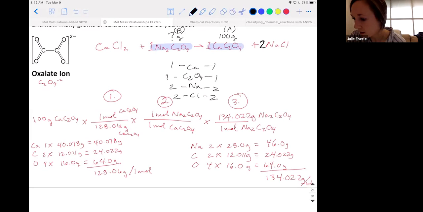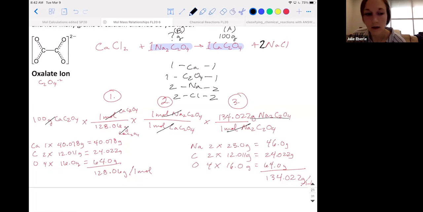So you can see grams of calcium oxalate cancel, moles of calcium oxalate cancel, moles of sodium oxalate cancel. You're left with grams of the sodium oxalate. So now we do all the math: 100 divided by 128.06, times 1 divided by 1, but in your calculator you don't have to put that in, times 134.022.